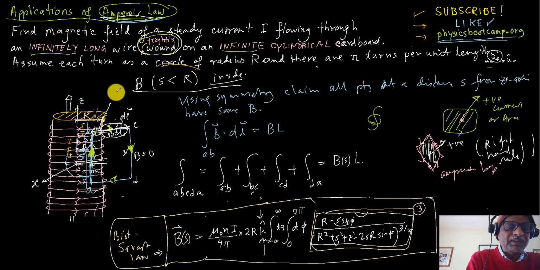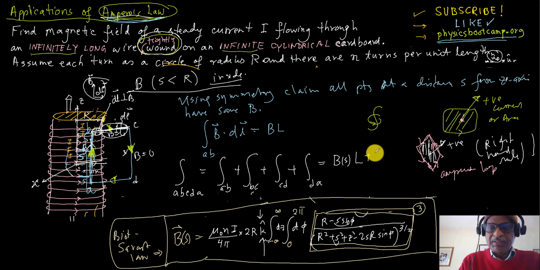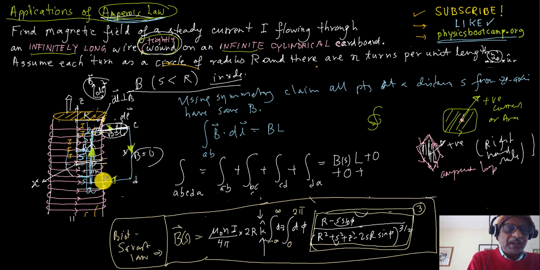How about this part inside? The inside is DL perpendicular to B. So DL is this way, and B is that way. So this is going to give me 0. And then for C to D, B is 0, so that's going to give me 0. D to A is the same situation as that.